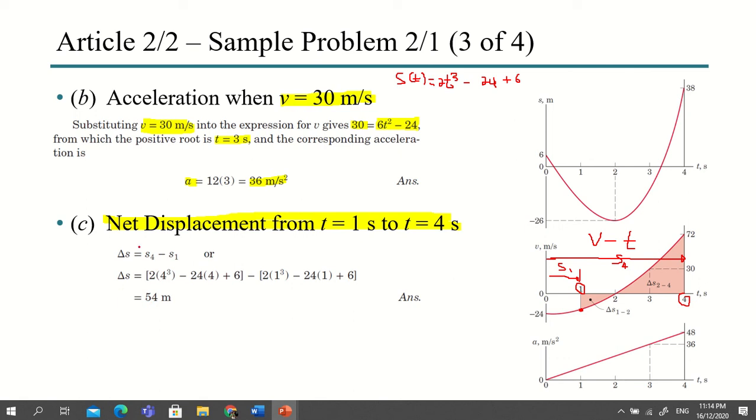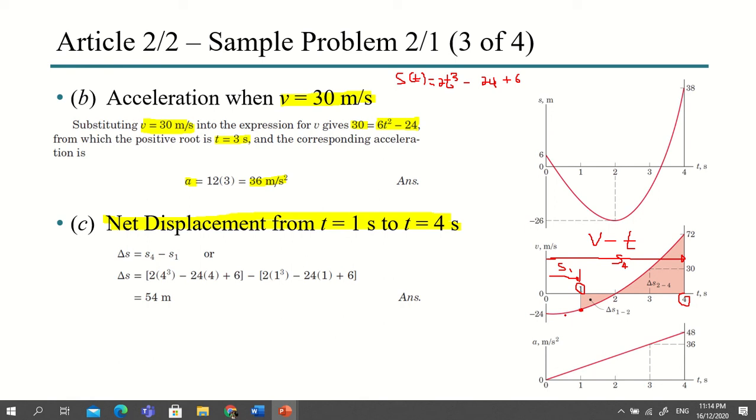So that is the net displacement. The delta here refers to the net displacement. If you look at the graph, this is the displacement from this point to that point. Assuming this is the particle, it starts from here and moves from there.